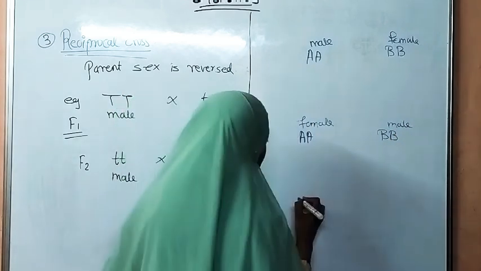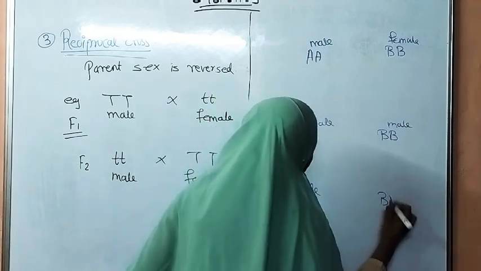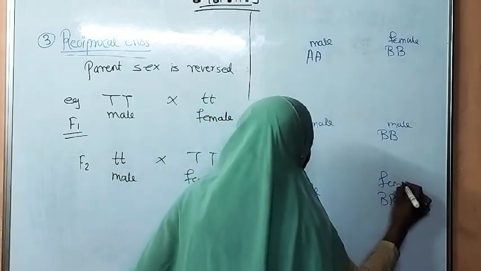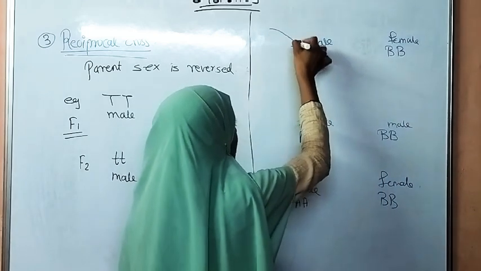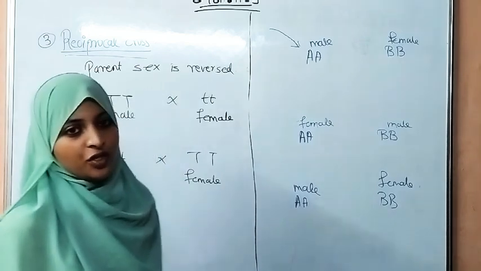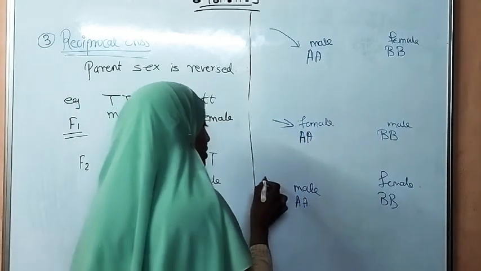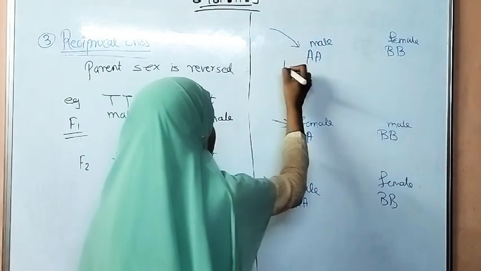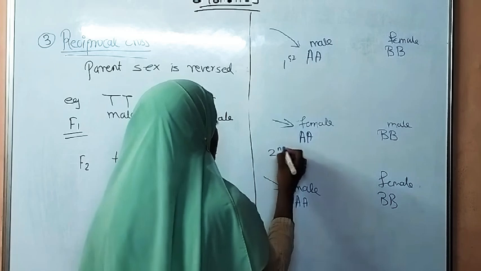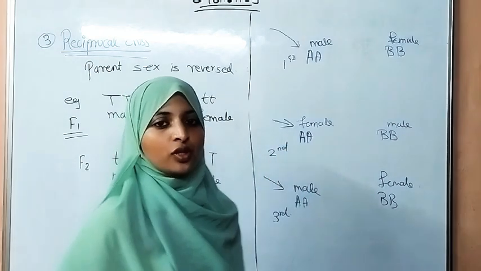Again, next A male and B female. It means in the first generation, if we consider A as a male, in the second generation we consider A as a female. In the third generation we go back to the first arrangement, and so on.